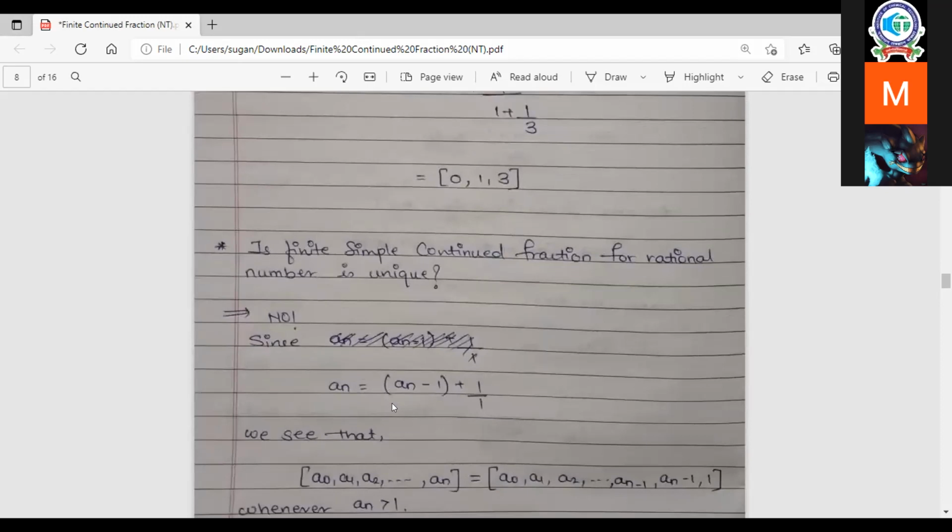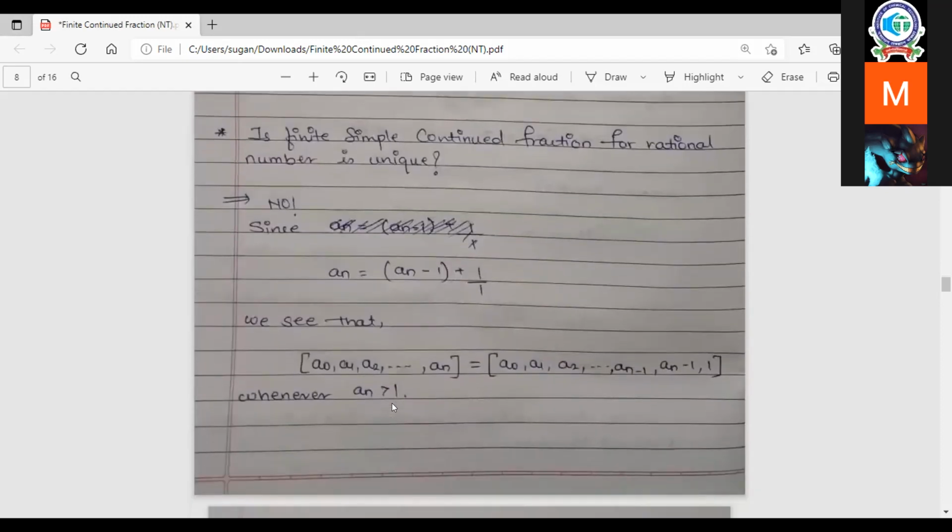So next we have: is the finite simple continued fraction for a rational number unique? So the answer is no. The idea is that you can write the last term an as an minus 1 plus 1 upon 1.